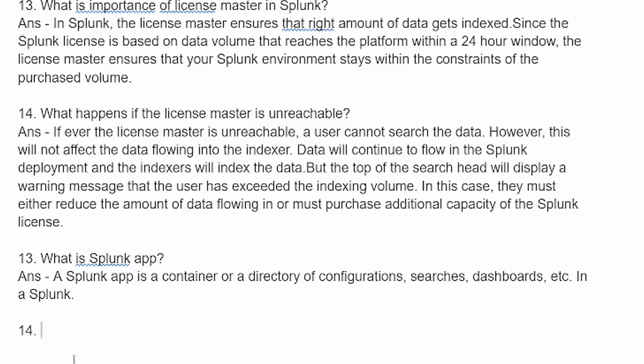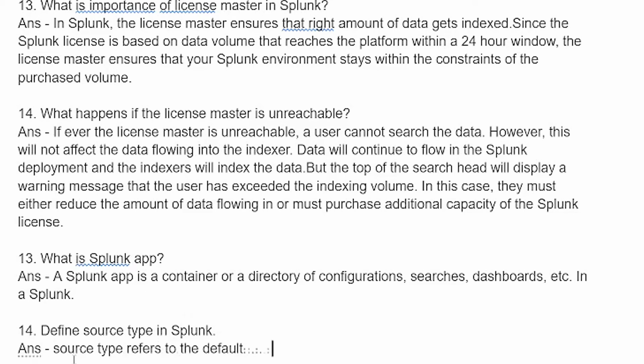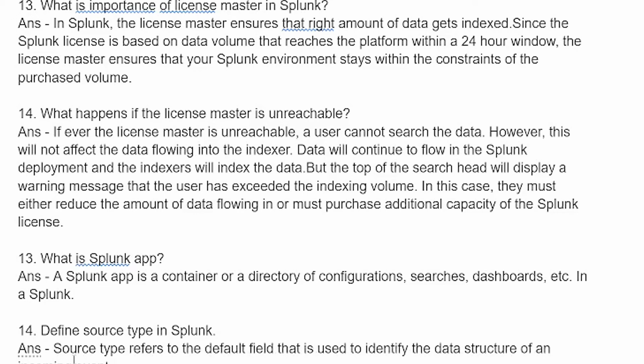Define source type in Splunk. Source type refers to the default field that is used to identify the data structure of an incoming event. Source type should be set at the forwarder level for indexer extraction to help identify different data formats.